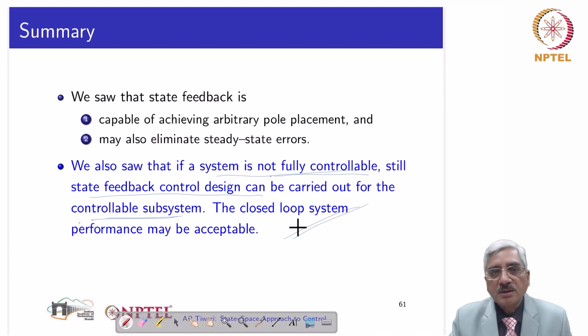Of course, it is not possible to place all the poles, only the poles of the controllable subsystem could be placed, but the overall response, because it is stable, may be close to desired, although not arbitrary pole placement may be possible. So using that decomposition, we could design the state feedback gains for placing the poles for an uncontrollable but stabilizable system also.